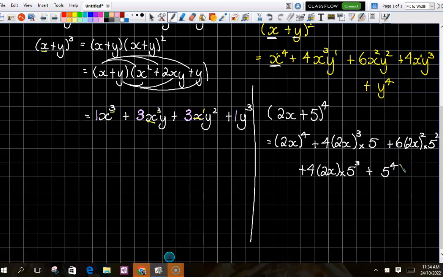And now if you had to tidy that up, we would say that 16x to the 4 plus 4 times 2 cubed, x cubed times 5. So everything in the bracket gets the power. We're seeing this? And you go, yeah, 4 8s are 32. I'd probably go 4 5s are 20 times 8. Get 160 and so on. And you can simplify. Does that make sense?